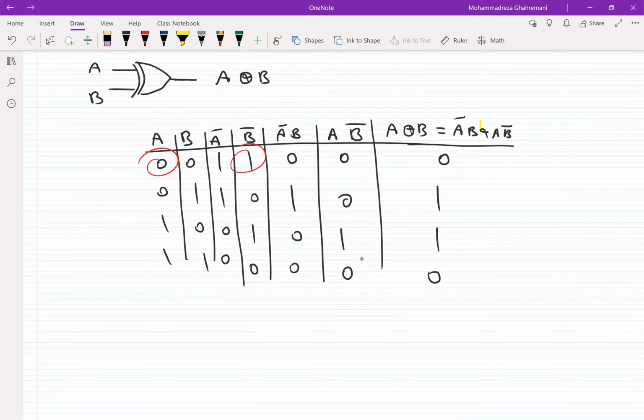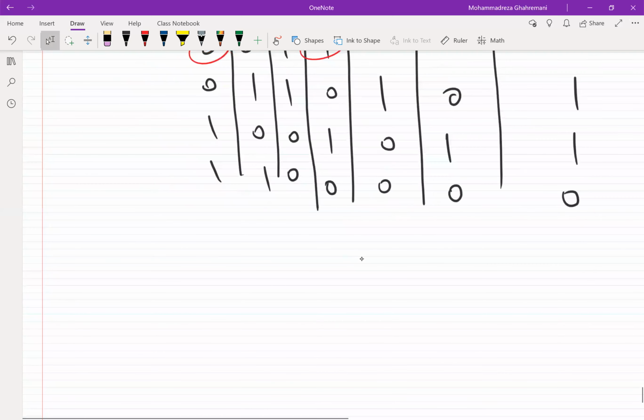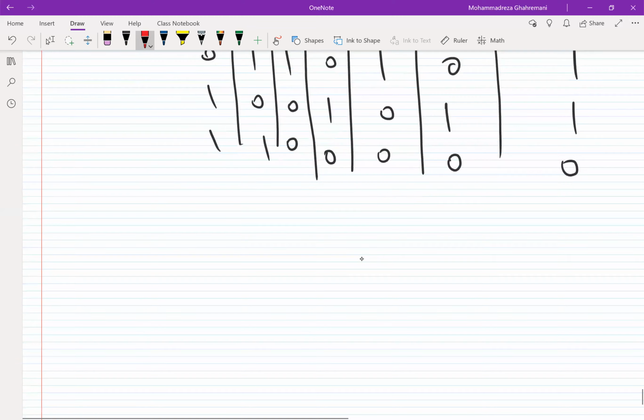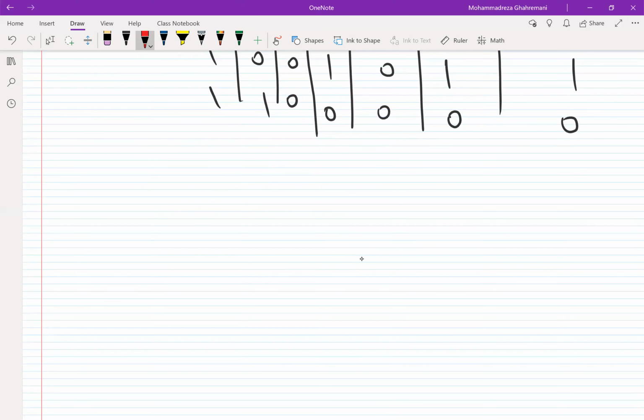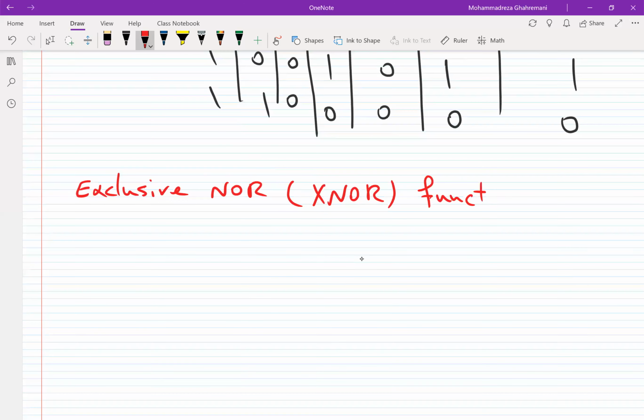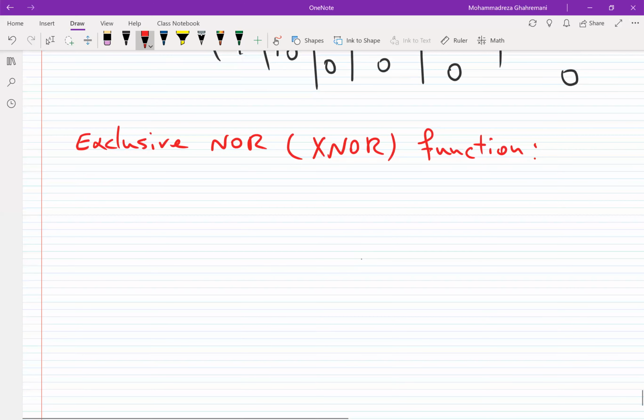Okay, the next gate we want to learn today is the exclusive NOR function or gate, XNOR. The XNOR is the inversion of XOR.